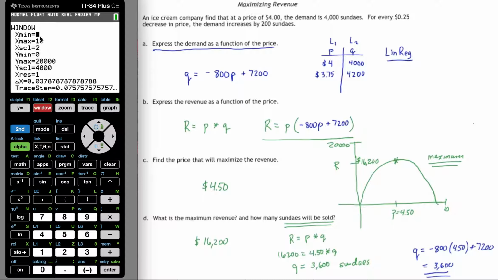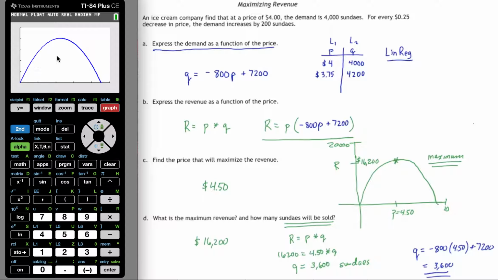So if I use 0 to 10 for the inputs, the X values, the prices, and 0 to 20,000 for the outputs, the quantity or the actual revenue, I'll press graph, and I end up with a function that looks something like this.